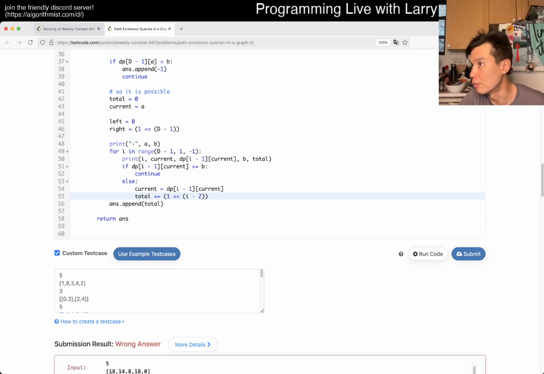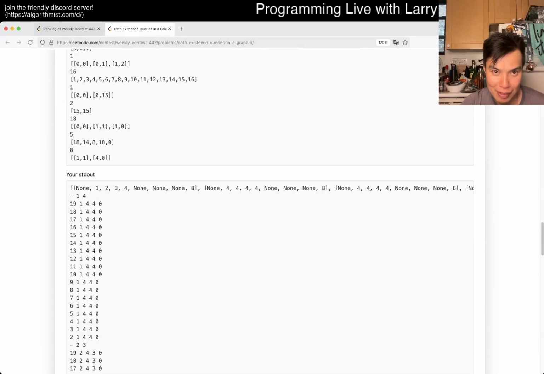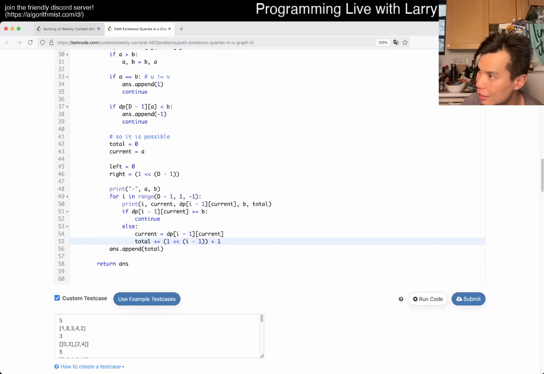I'm writing this really poorly. It's almost like it should be this plus 1 in the number of moves. Or it's this, but you want to add 1 more move, right?